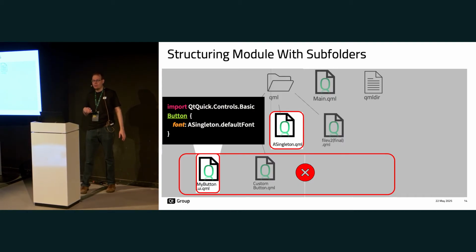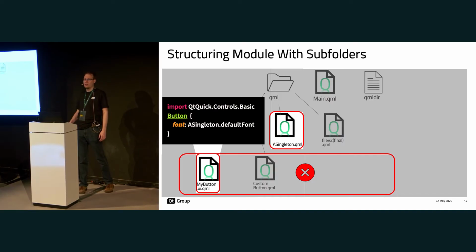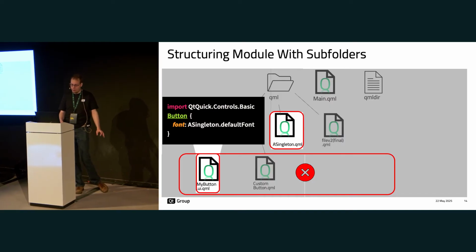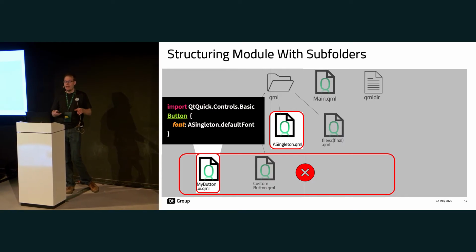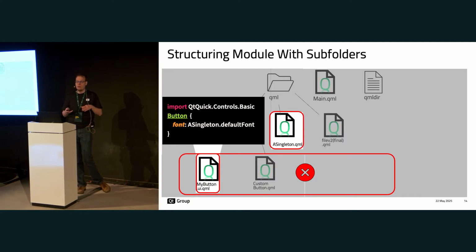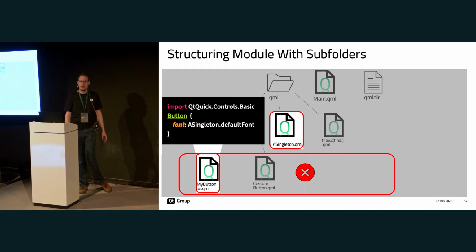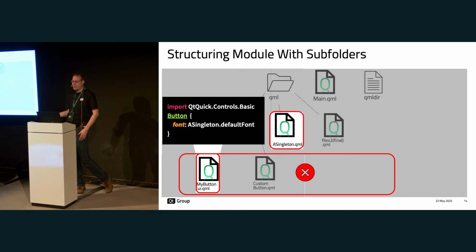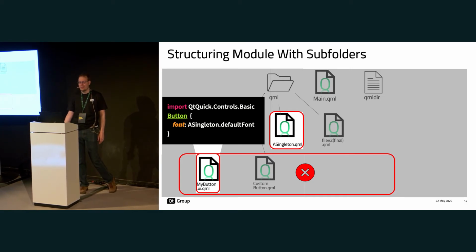So how did that work before? Well, there's something called an implicit import, which means we look into the directory level in which our file resides for a qmldir. That worked really great before because everything was in the same folder. Now we do it again. Can you see a qmldir here? Well, I can't. That's an issue.